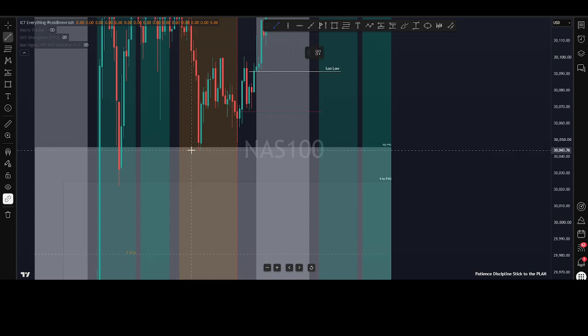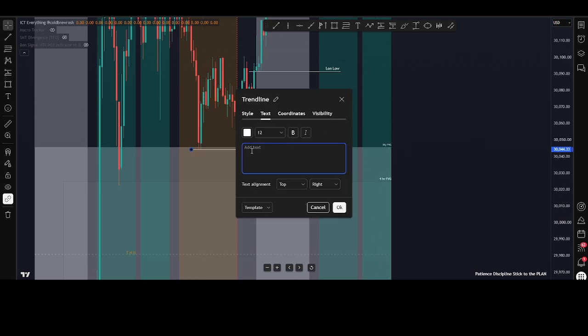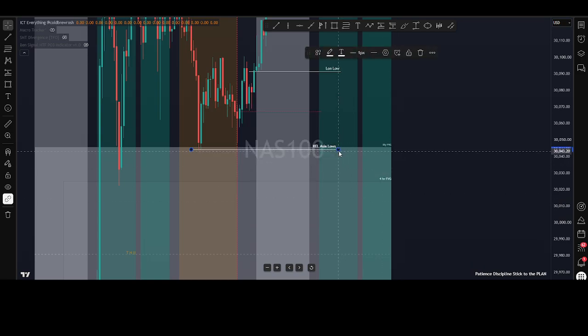And that would be double Asia low. Relatively equal lows. So we put that in as equal lows, Asia lows. Because again, strong draw on liquidity. So we've got a strong draw, strong draw, strong draw.